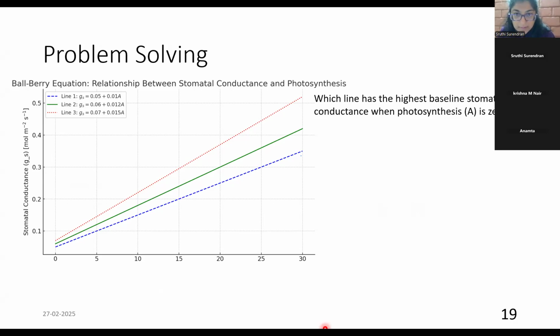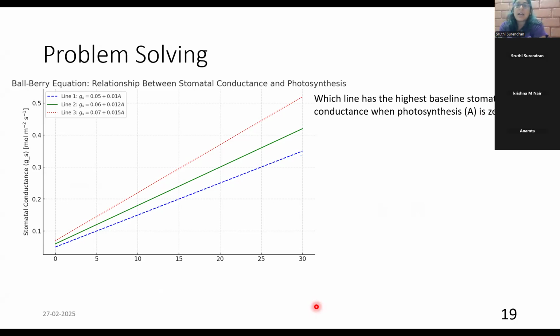You've got some answers. I just got two answers. So the intercept value gives us the baseline conductance, and the slope value gives us the sensitivity towards photosynthesis.